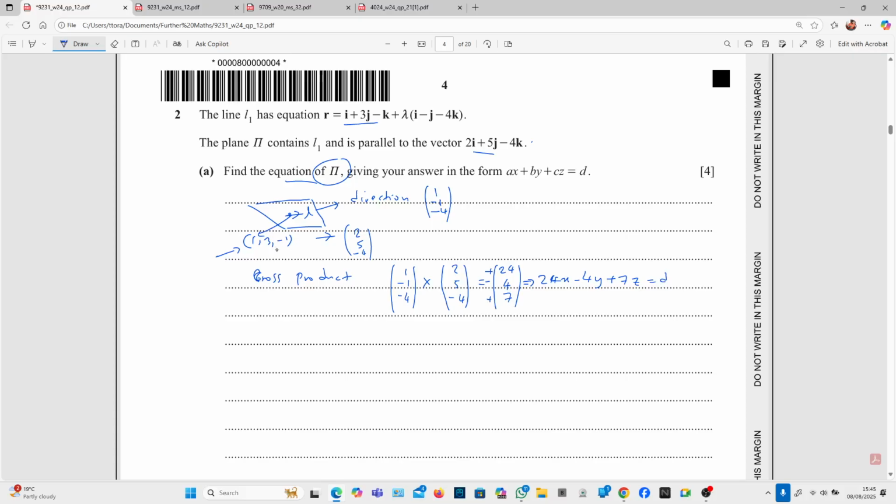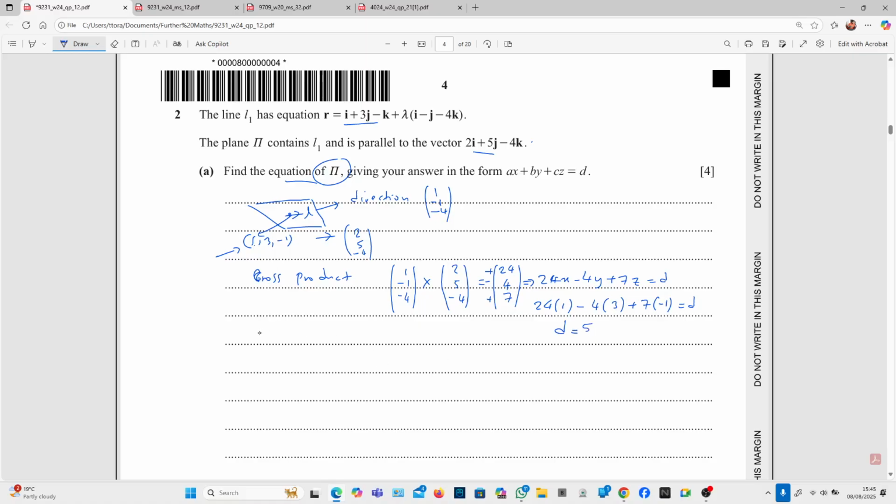So if I substitute this point into that equation, I get 24 times 1 minus 4 times the y coordinate, which is 3, plus 7 times the z coordinate, which is -1, and all that is equal to d. It turns out that d is equal to 5.